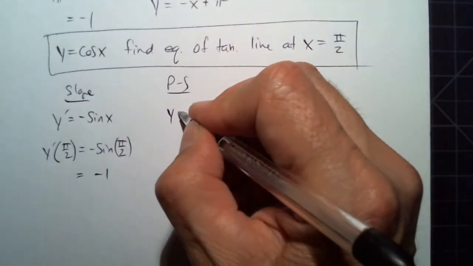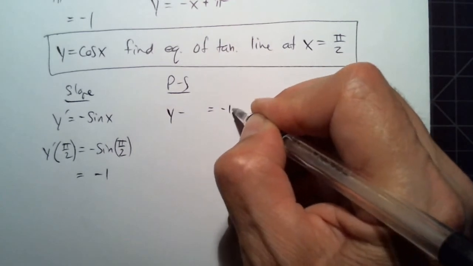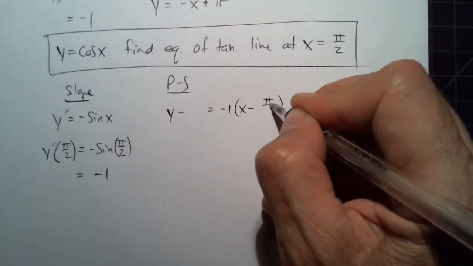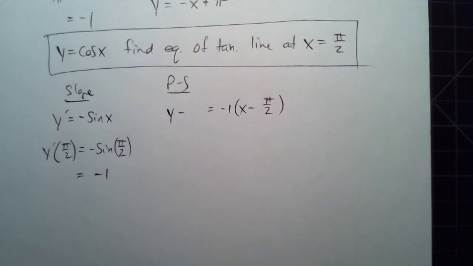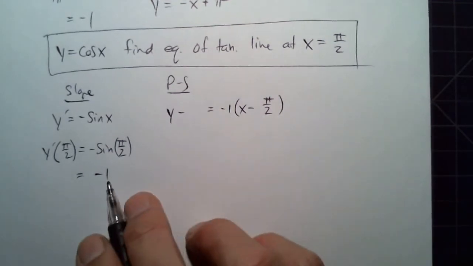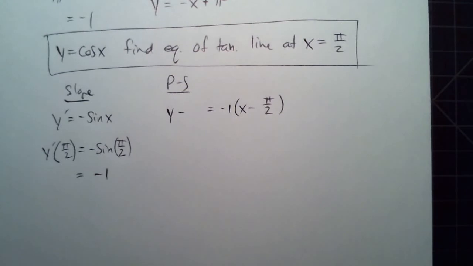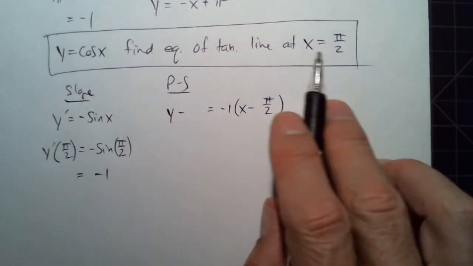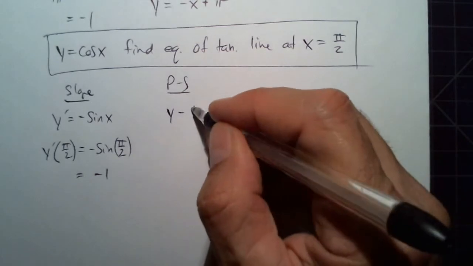Here we'll go y minus y1 equals m times x minus x1. The x value is pi over 2. The slope is -1. And the y value of cosine at pi over 2 is 0.